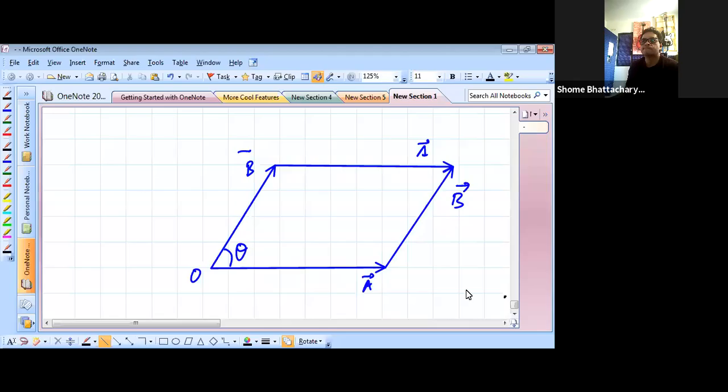Right. Okay, now coming back to the same one, in this, for a moment, forget about this one and this one. Just look at this vector A.